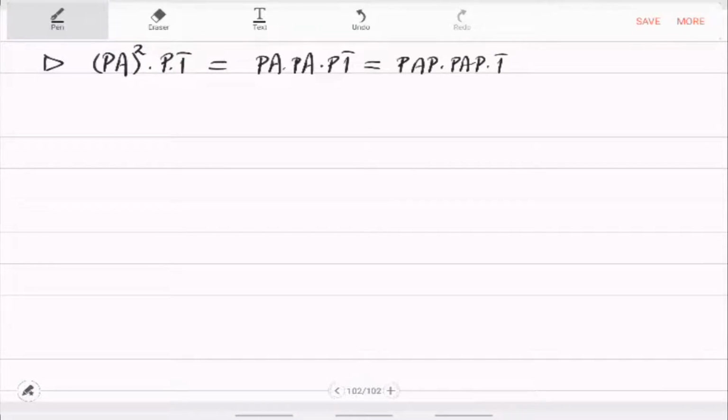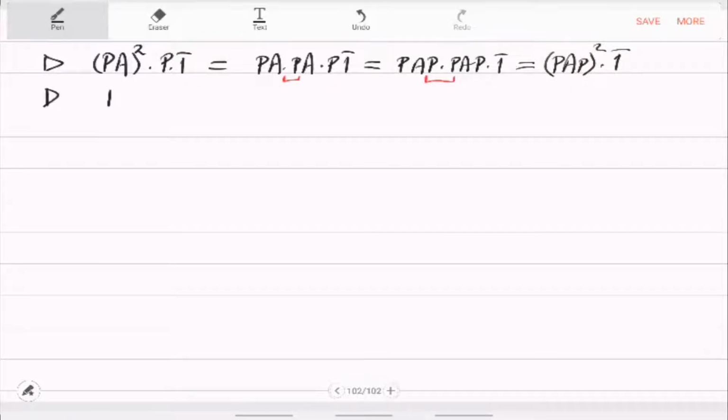Now how did I get this? I can repeat P because repeating P will still give you P, since P square is P. So I repeated this single P, and got PAP squared.